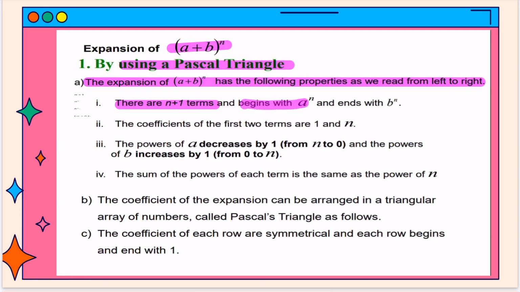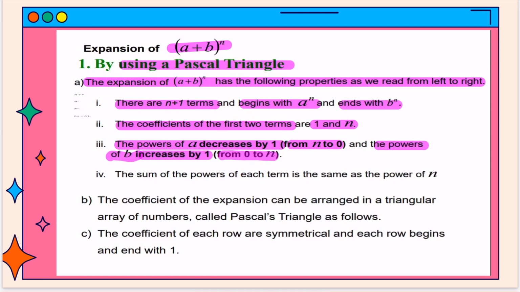It begins with a power n and ends with b power n. 2. The coefficients of the first two terms are 1 and n. 3. The powers of a decrease by 1 from n to 0 and the powers of b increase by 1 from 0 to n. 4. The sum of the powers of each term is the same as the power of n.